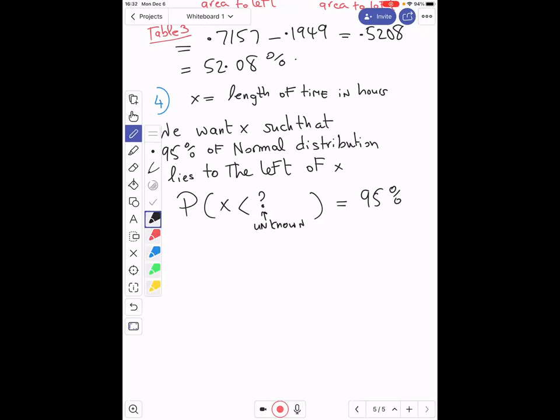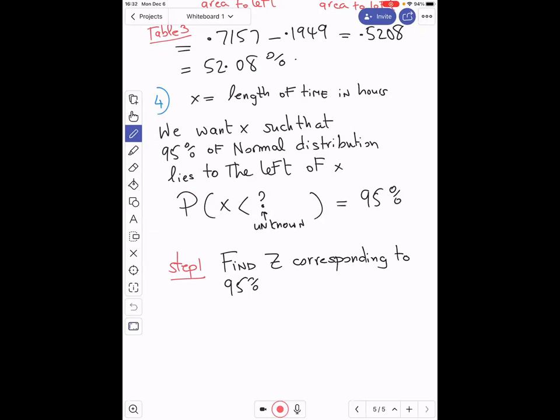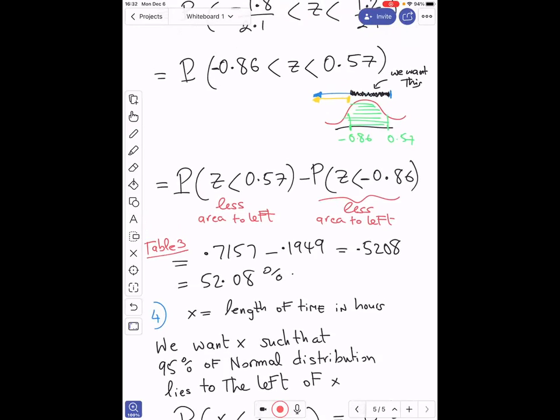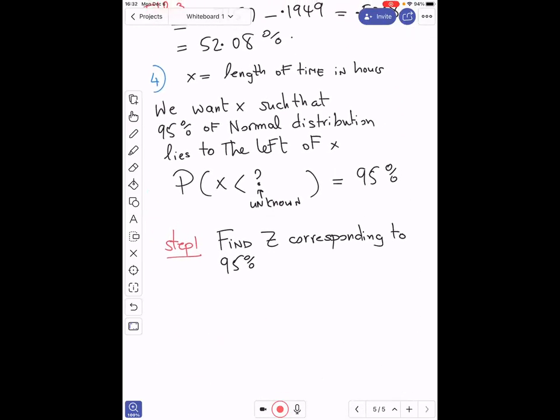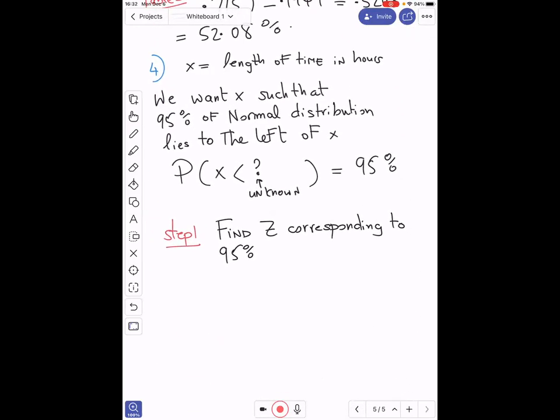In this kind of problem, as a first step, you need to find the z corresponding to the 95% from the table. And then in the second step, we're going to convert Z to X. In the previous problems, we converted X to Z. Now we need to find the corresponding Z, and then convert Z to X.